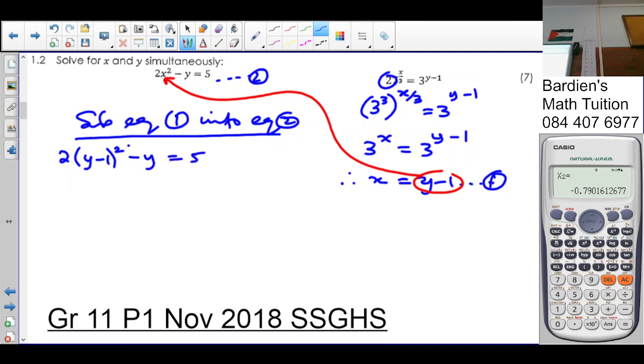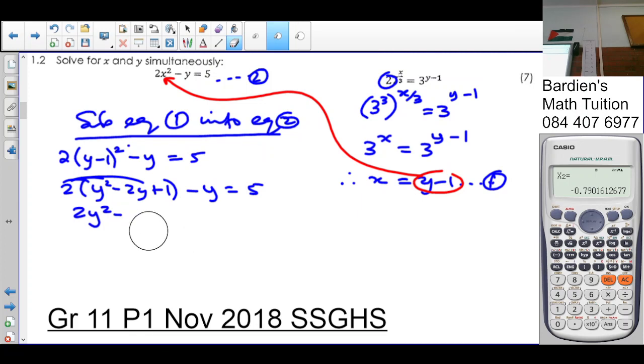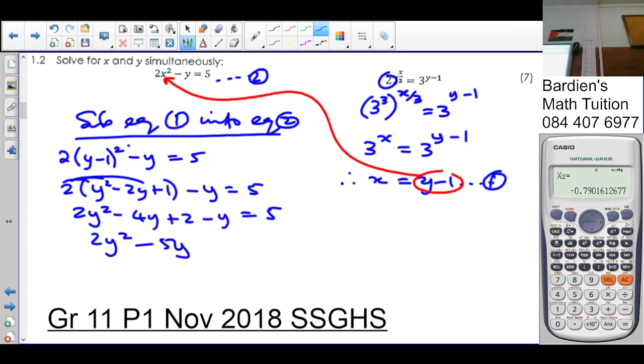Sort out that binomial square: 2 into y squared minus 2y plus 1, minus y, is equal to 5. Again, if you can't do the binomial square, write it out twice. Multiply that in, that gives you 2y squared minus 4y plus 2 minus y is equal to 5. Bring it to one side: 2y squared minus 5y minus 3 is equal to 0.